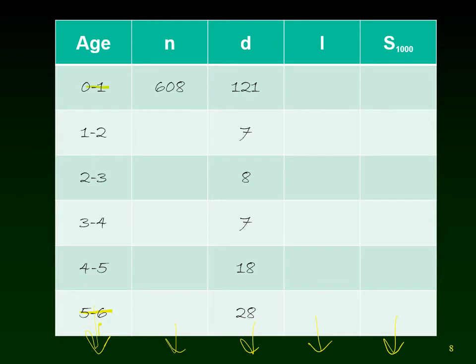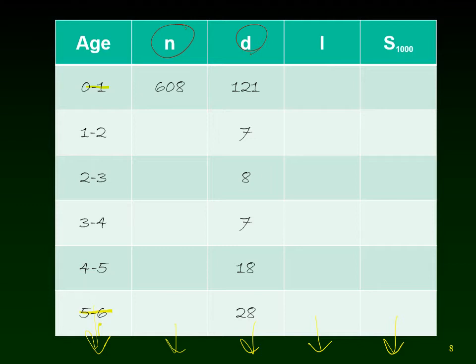If you started with 608 skulls and 121 of the skulls were under the age of 1, that's where these first two numbers come from. So N is the number in that age group, or the number of the population that we're starting with, and then the D are the deaths, because those are the skulls.